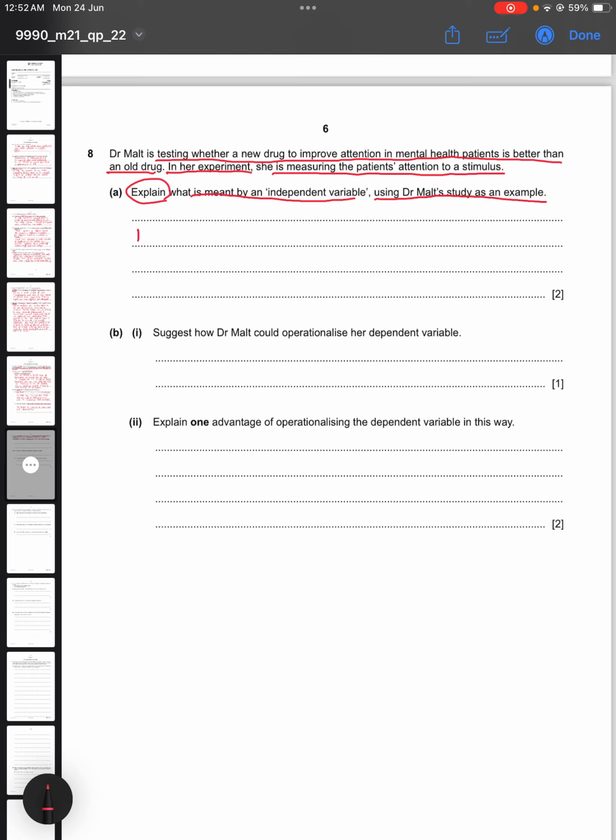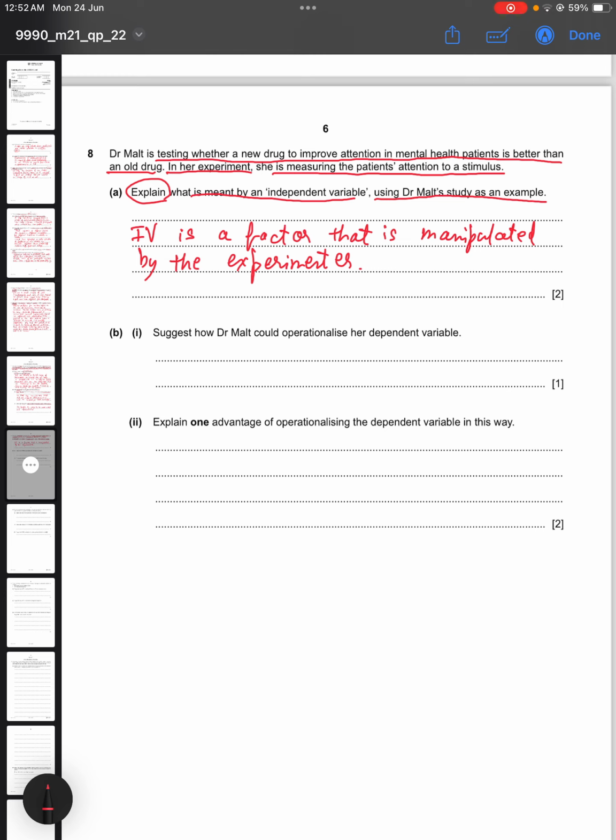So an independent variable is a factor that is manipulated by the experimenter. You can also further explain that it is a difference in conditions that is compared amongst the two of them, and it is a variable that is expected to cause a change in the dependent variable. These are the generic definitions you can write for independent variable.